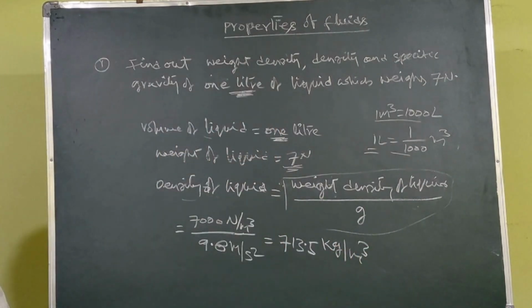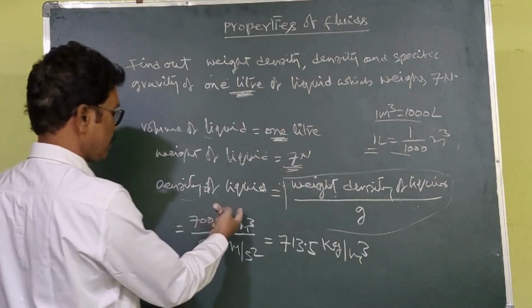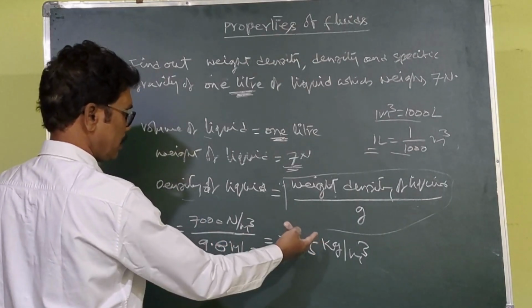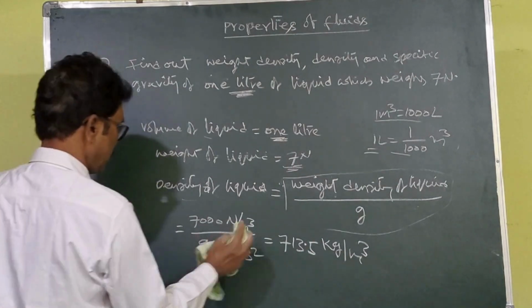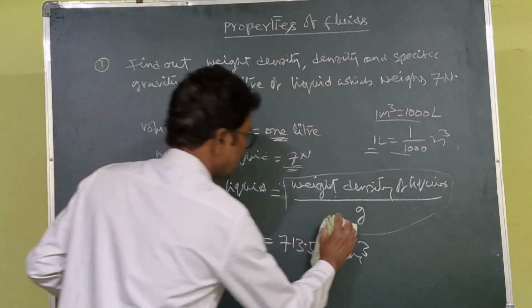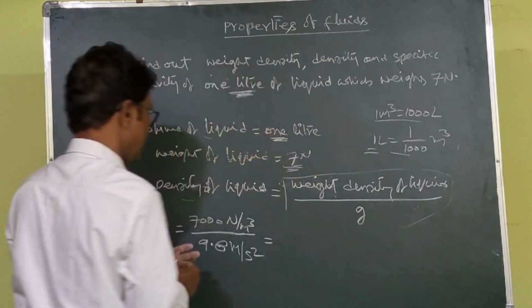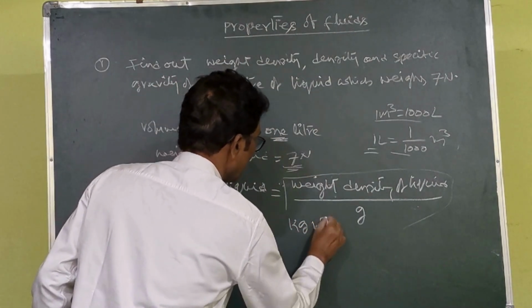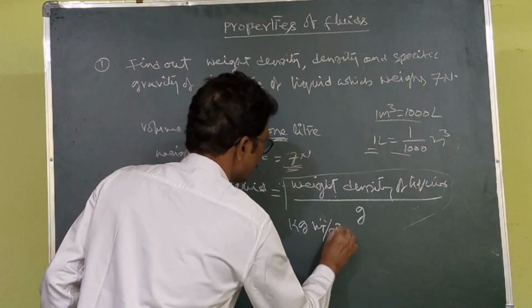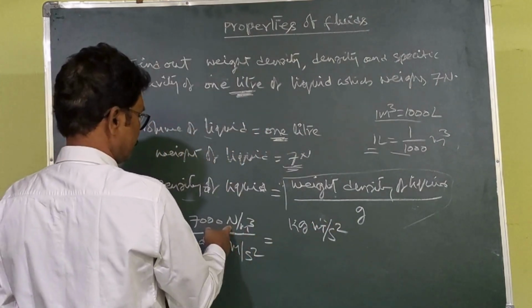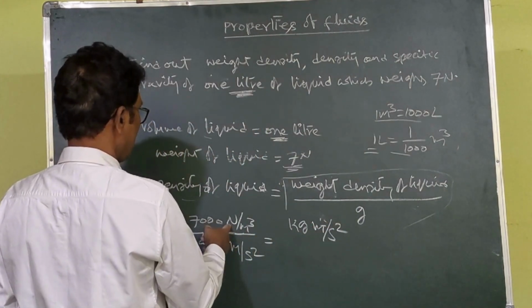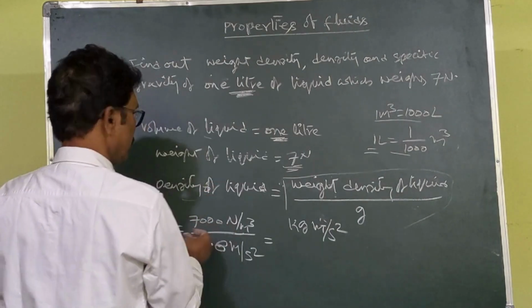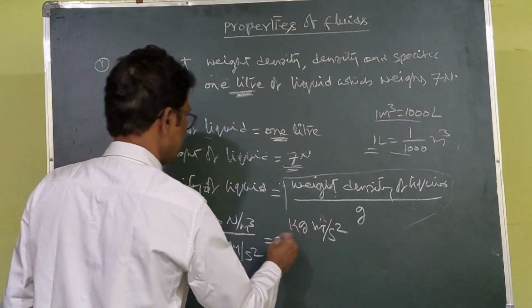That you have to understand: how to convert these Newton per meter cube and meter per second square into kg per meter cube. Density of liquid should be in kg per meter cube, so we know that 1 Newton equal to 1 kg meter per second square.